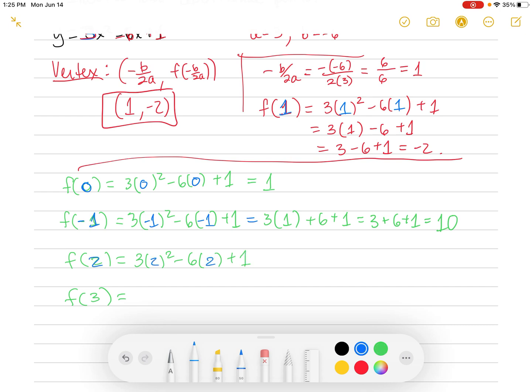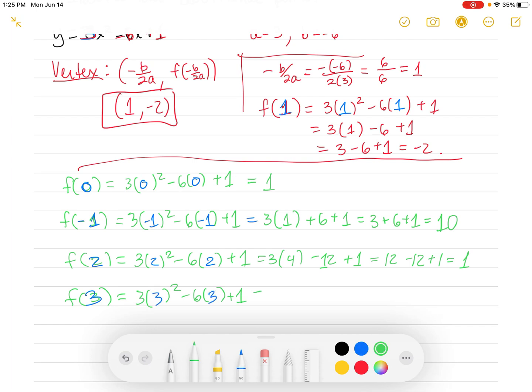Okay, and then we're going to plug in 2 into our function. 3 times blank squared minus 6 times blank plus 1. We're plugging in a 2. That's going to give us 3 times 2 squared, which is 12. Minus 6 times 2 is 12, plus 1. So we have 12 minus 12 plus 1, which is 1.